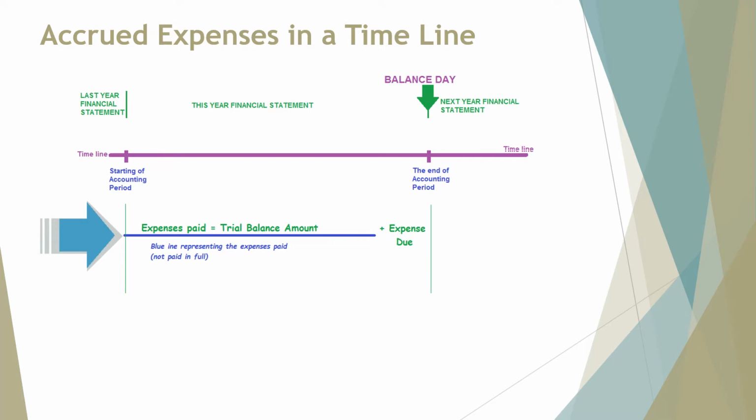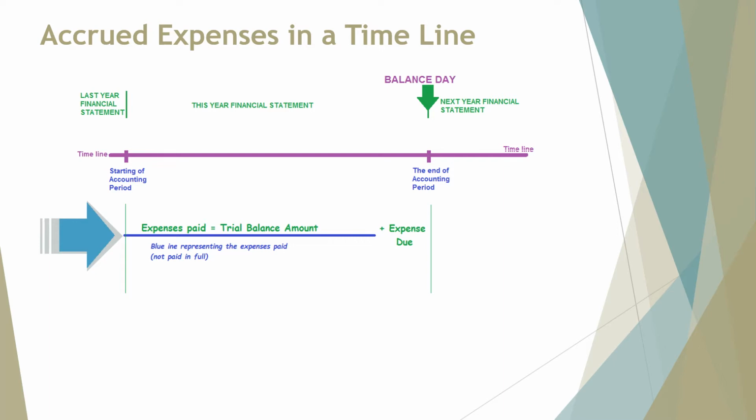Accrued expenses are indicated by a blue line that comes short towards the balance day adjustment. So the blue line represents expenses paid but not paid in full. The amount that is still due, we call expenses due.